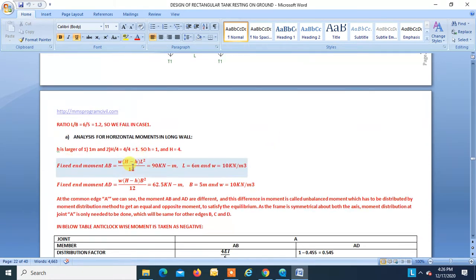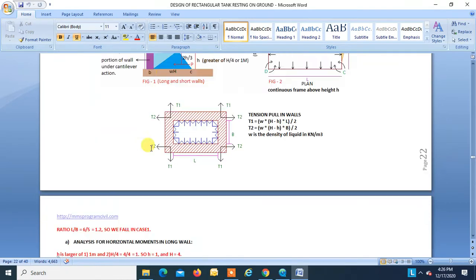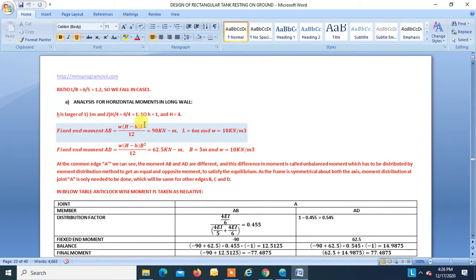So we are taking the same, where over here the pressure is W into (H minus h). This is the force, so we are taking that, into L square divided by 12, which is equal to 90 kilonewton meter. L is 6 meters, W is 10 kilonewton per meter cube.